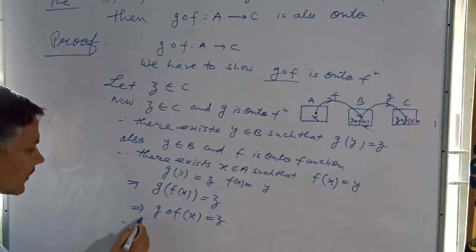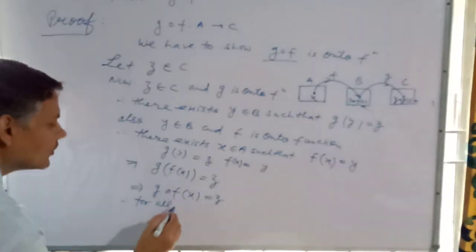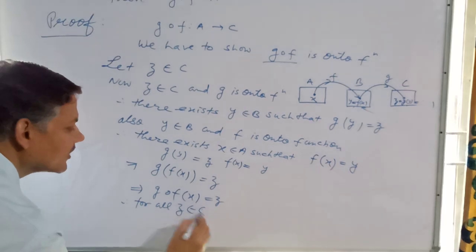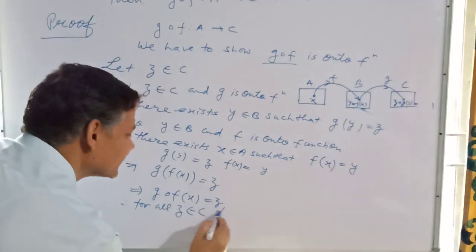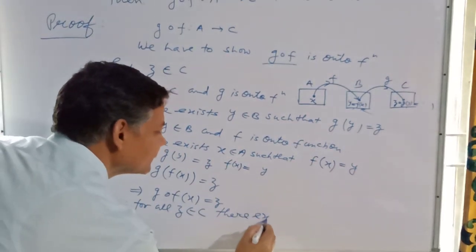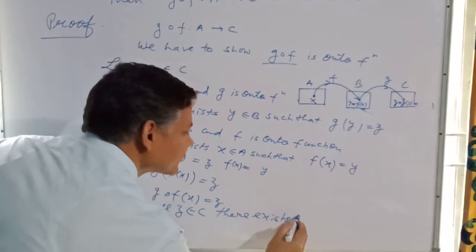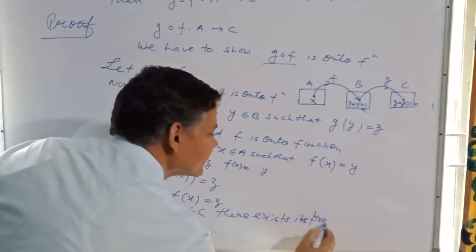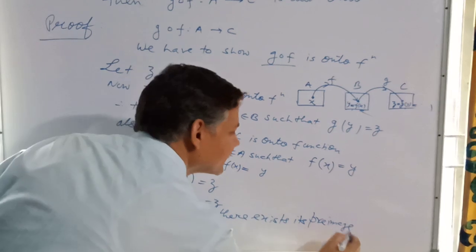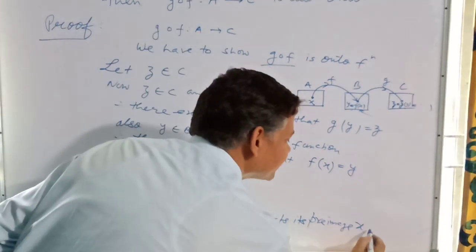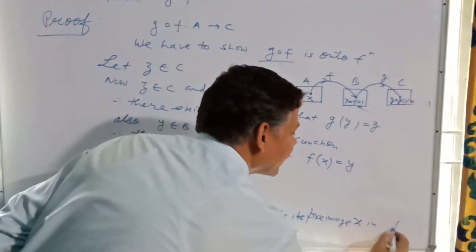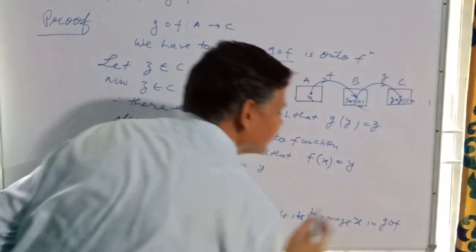Therefore, for all z an element of C, there exists its preimage x in f composition g.